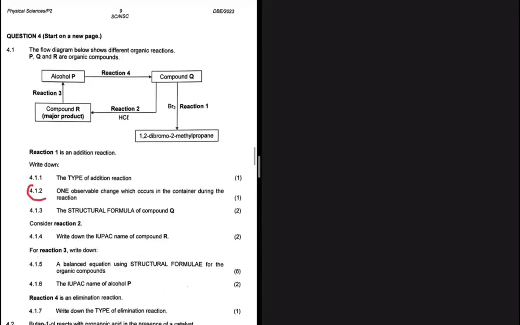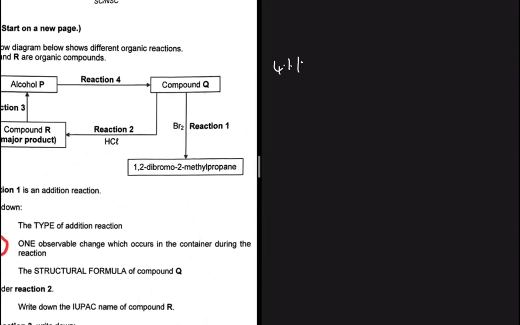What observable change occurs when you add bromine to an alkane? Does the container turn colorless or does it turn brown? That is 4.1.2. But let's just go ahead and do 4.1.1 first. The question is saying, which type of addition reaction is reaction 1? So let's go ahead and do some analysis.